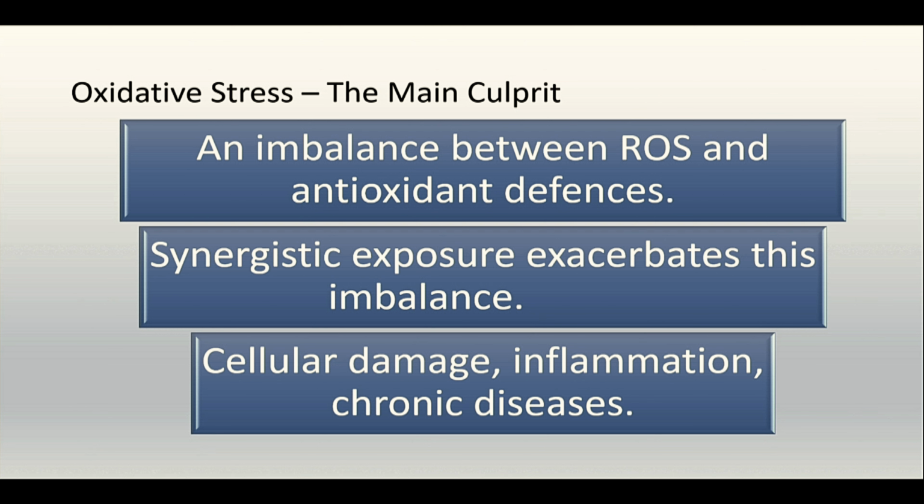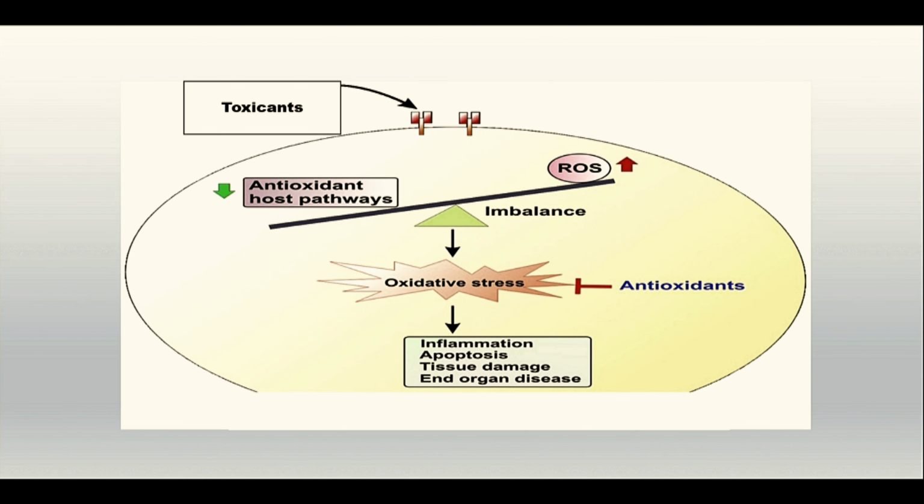Synergetic exposure will enhance this imbalance, and this will lead to cellular damage, inflammation, and chronic diseases. Here you can see in the picture how the toxins are affecting the cells and causing the imbalance between the antioxidants and the ROS, which leads to increased oxidative stress, which leads to inflammation, apoptosis, tissue damage, and death of the cell.